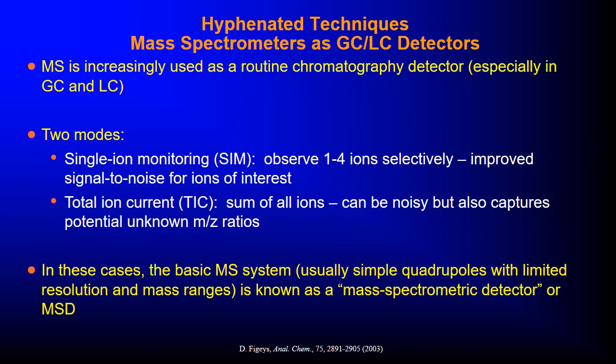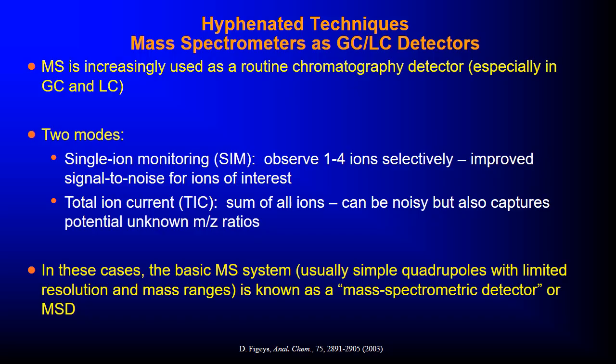Mass spectrometry is used as a routine chromatography detector, especially in gas chromatography and liquid chromatography. There are two modes: single ion monitoring, which observes one to four ions selectively and improves signal to noise for ions of interest; and total ion current, the sum of all ions, which can be noisy but also captures potential unknown mass to charge ratios.